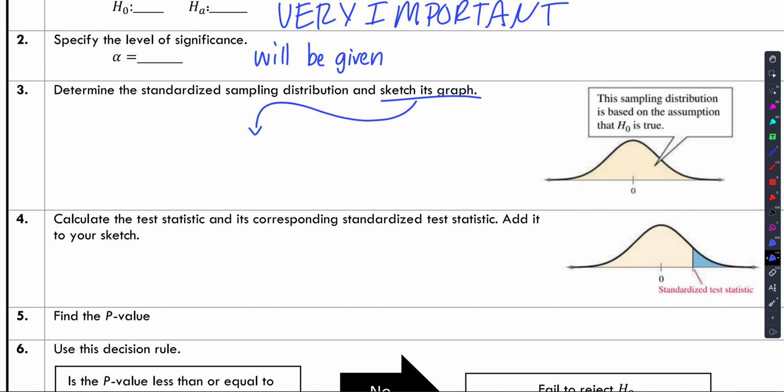When I say sketch its graph, it's basically shade in the correct tail. Okay, so I will know this from whether or not it is a left tail, a right tail, or a two-tailed test. And how do we determine what type of test it is? What hypothesis do you look at? HA.